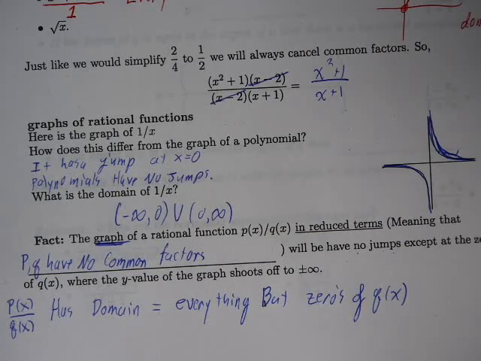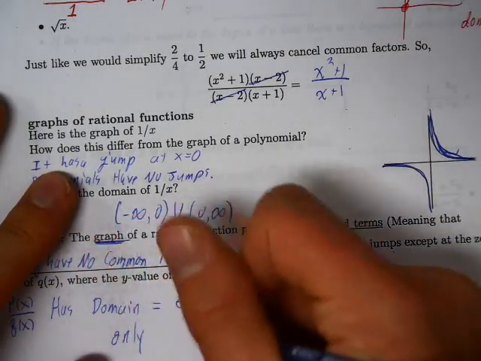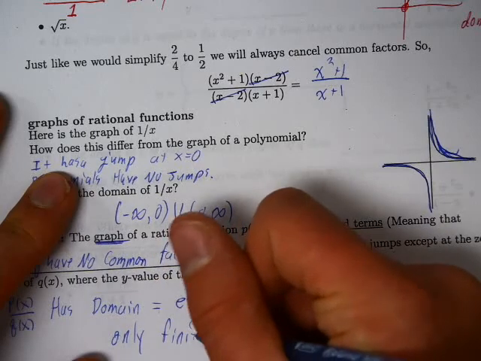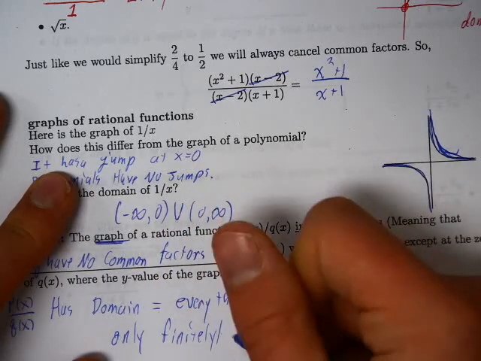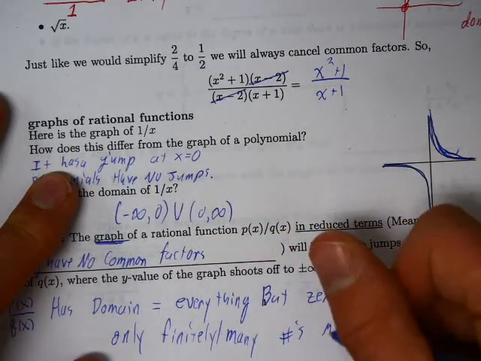Well, it'll be at most the degree of that polynomial. So it'll always be finite. It could be like a billion, but it'll be finite. Only finitely many numbers missing from domain.